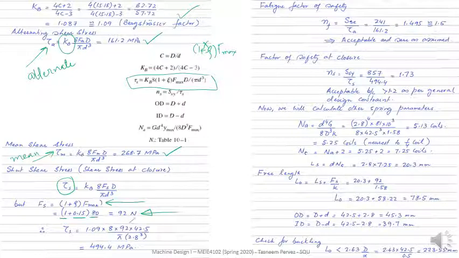And when I put in the shut force, I got what we call the shut stress, which is 494.4. And remember, in the previous one we already got the mean coil diameter is 42.5 mm.